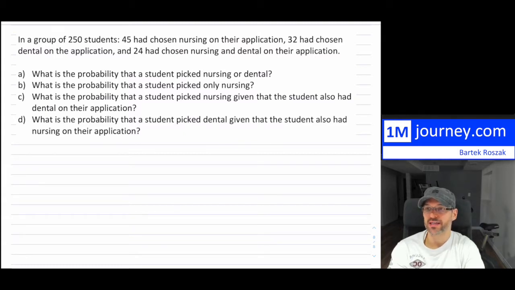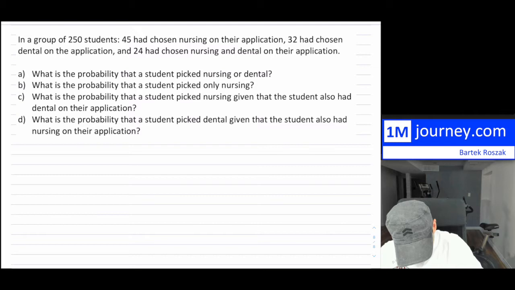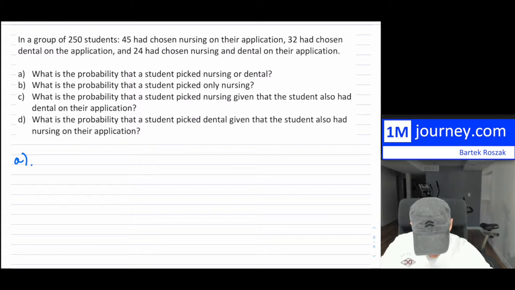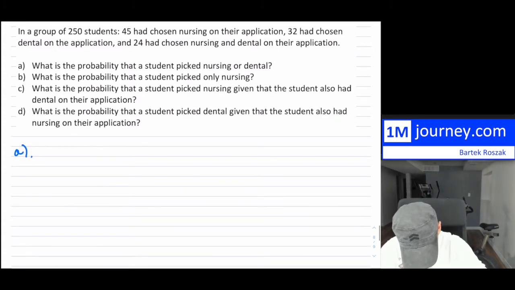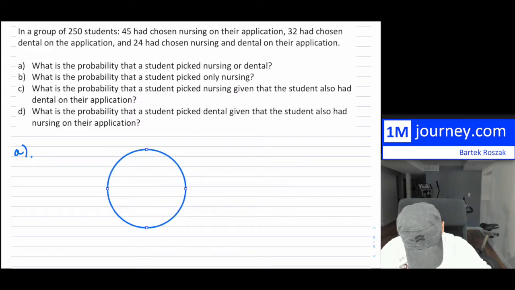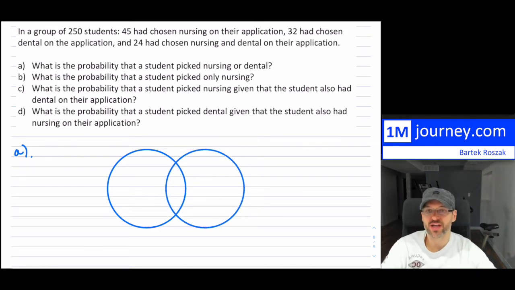Part A is, what is the probability that a student picked nursing or dental? Since we're picking nursing or dental, let's break this whole thing down. It's nice to sometimes use Venn diagrams because we have two different things. So we have the intersection between the two.